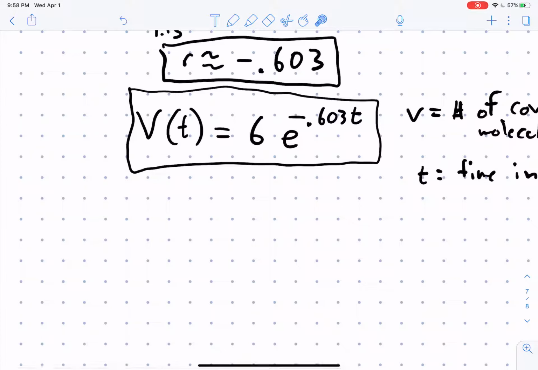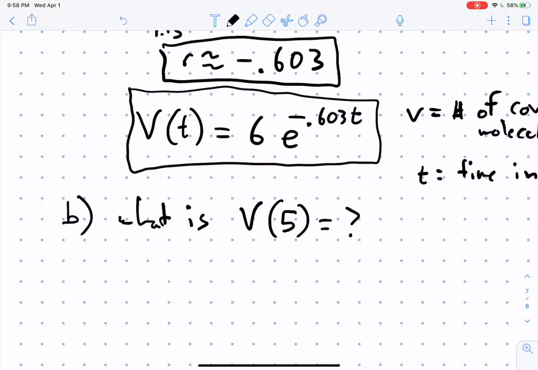For this one, well, we now have a formula that tells us for any time t, how many are left, and it's just simply given by this v of t. So part B is asking what is v of 5 equal to? And we can find this out by plugging 5 in for t and then doing the calculation.